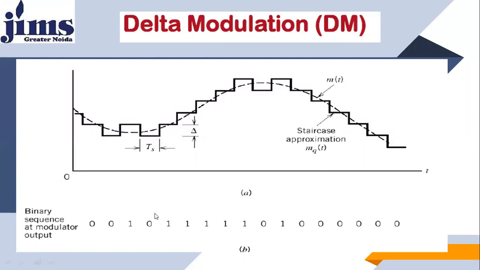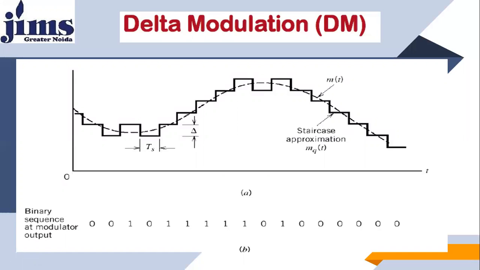So the modulator output is either 0 or 1, depending upon the slope of the analog signal.